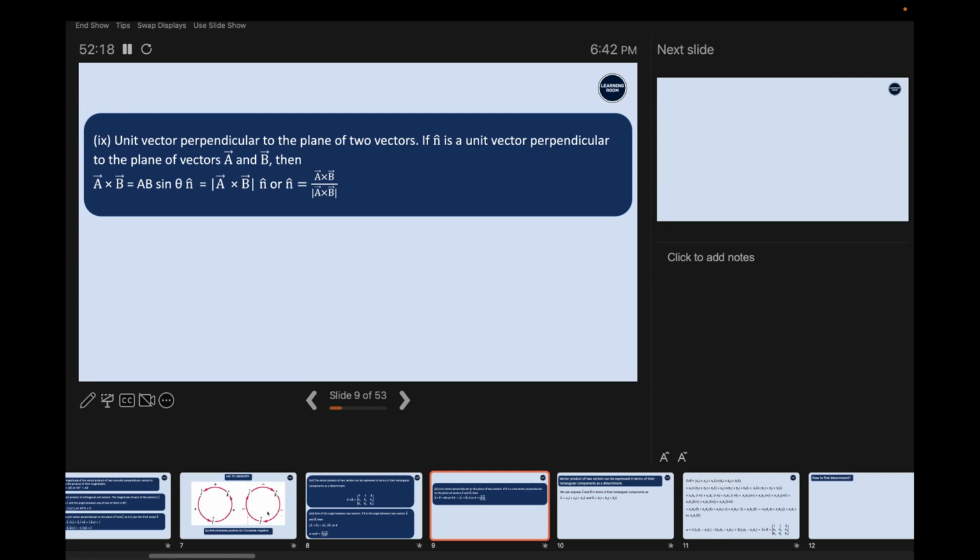C vector divided by magnitude of C vector. That is what we are doing here. But what is that C vector actually? C cap is actually A cross B divided by magnitude of A cross B. So read the statement, underline the words unit vector perpendicular. If you want to find the unit vector perpendicular to the plane that contains the two vectors, then you do this kind of an operation.